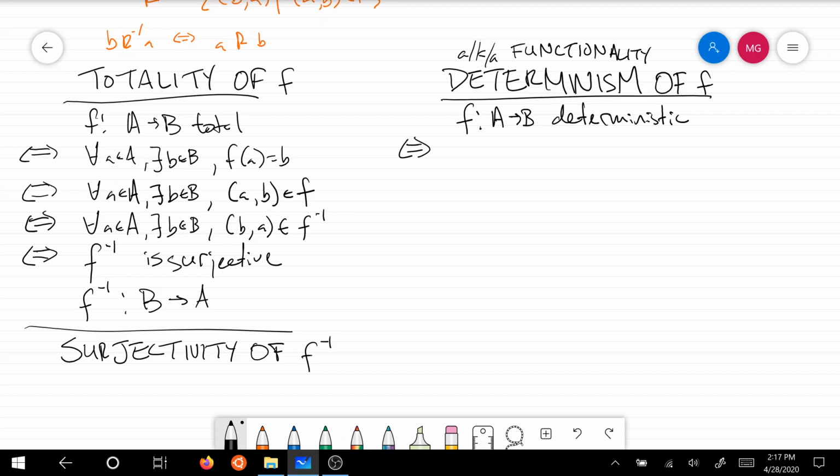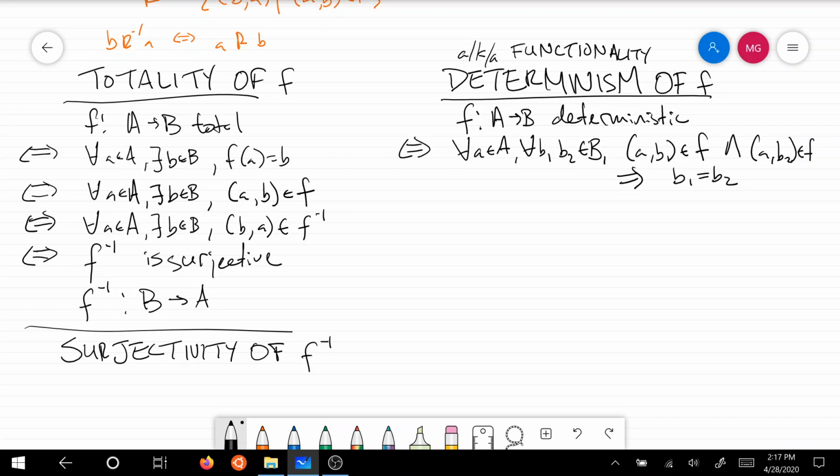Well, that means for all a in A, for all b1, b2 in B, if (a, b1) is in f and (a, b2) is in f, then it must be the case that b1 is the same thing as b2. Okay, this is the thing that justifies the function notation that we've used.